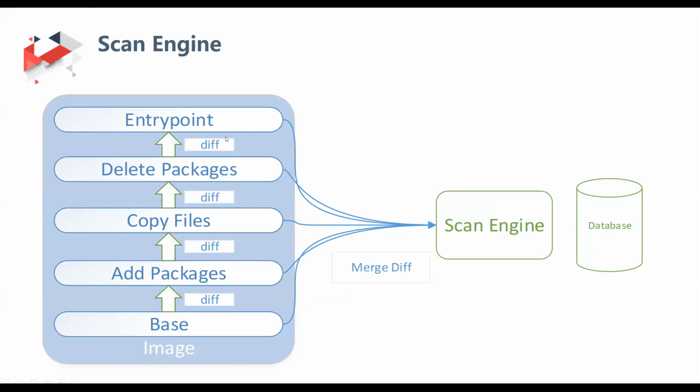You can treat this diff like a Git diff. It will merge all diffs and generate a complete list of installed packages in the image. With this list, it queries the database and links each package with vulnerabilities, and that's a whole scan job.